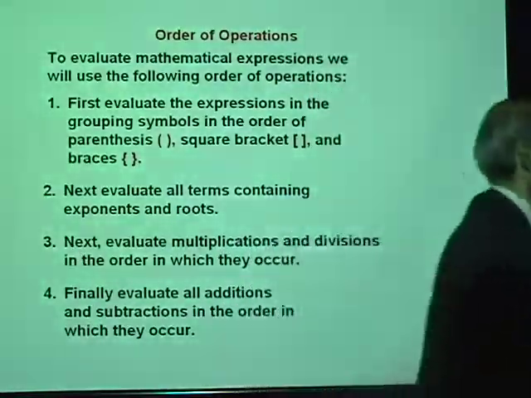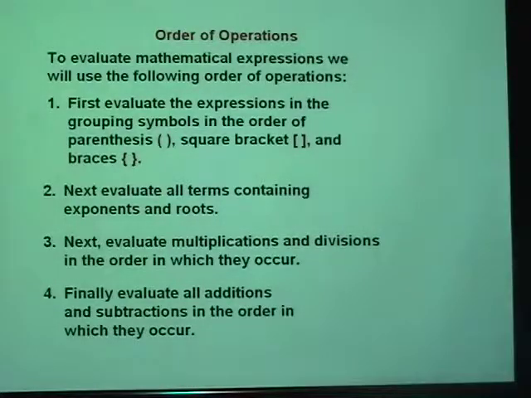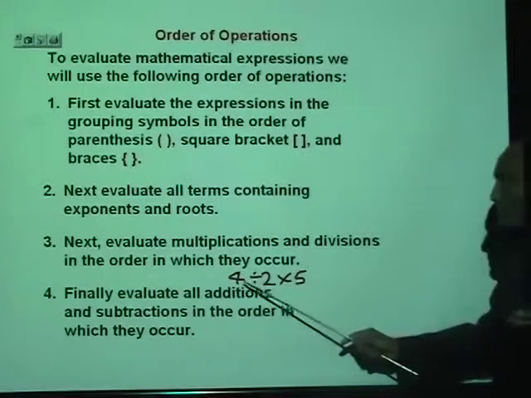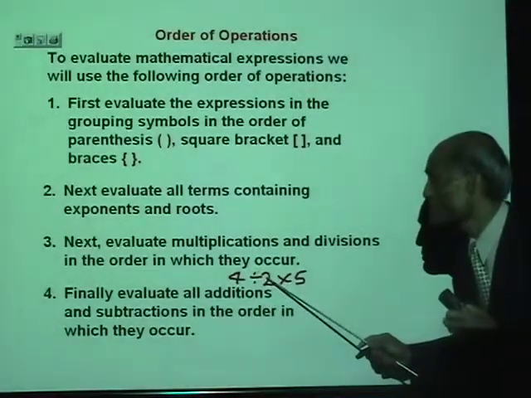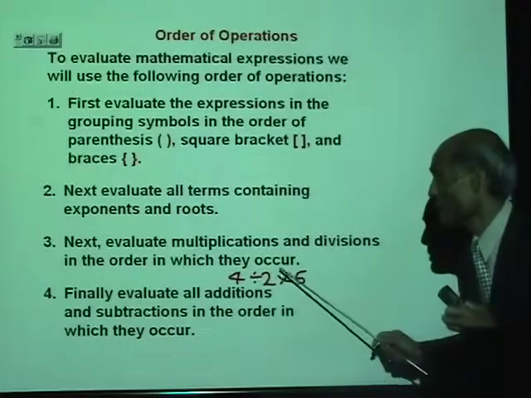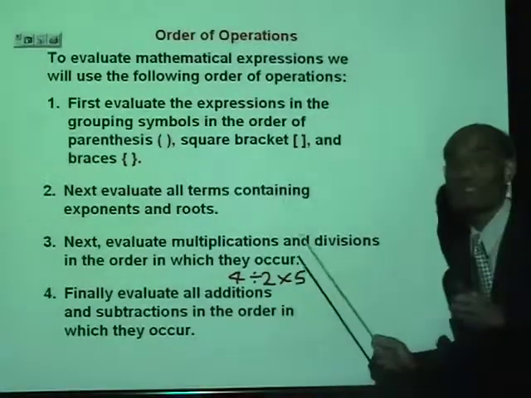From left to right. In other words, look at this one. Suppose you have 4 divided by 2 multiplied by 5. How would you do this? You go from left to right. 4 divided by 2 is 2, and 2 multiplied by 5 is 10.